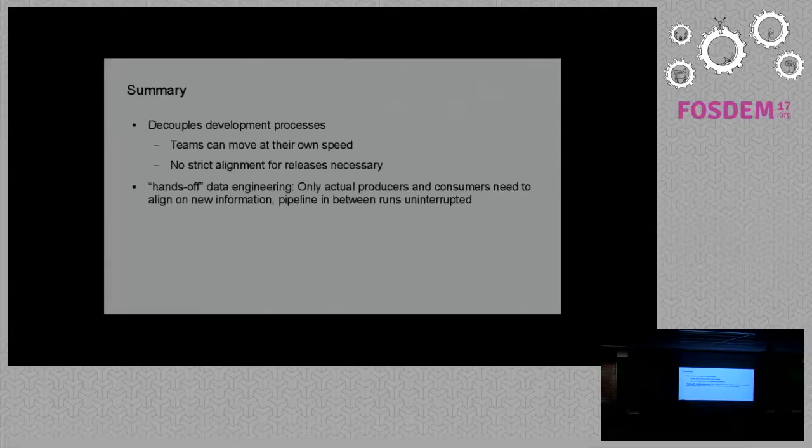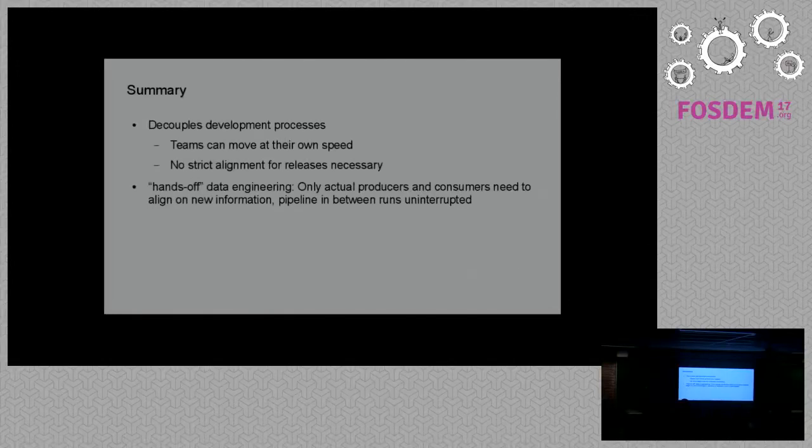So if you have a traditional OLTP system that feeds into a data warehouse and you want to do schema changes across the system with several, for example, MySQL servers involved, it's very, very painful because you need to make sure that each of the queries takes that into account. But here we can really do hands-off data engineering. The people in the middle writing the streaming processors don't need to do anything.